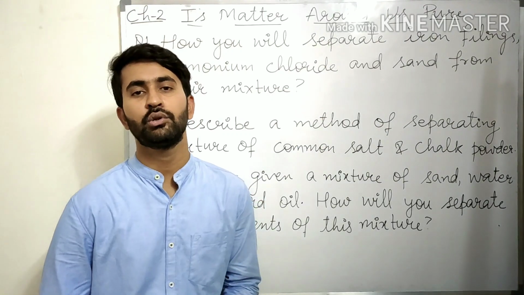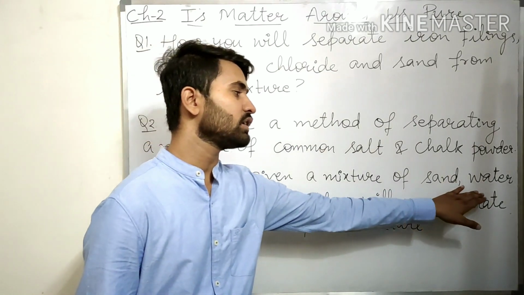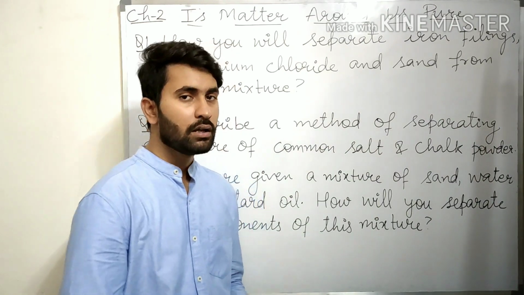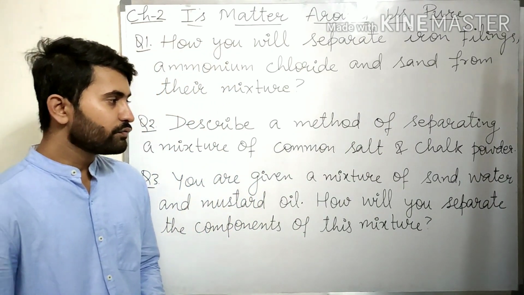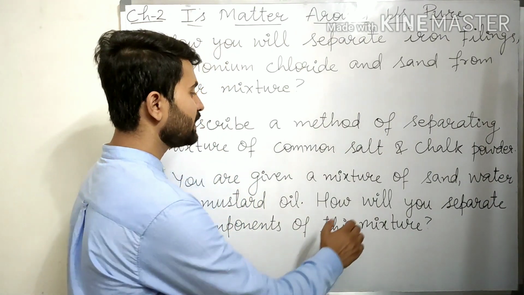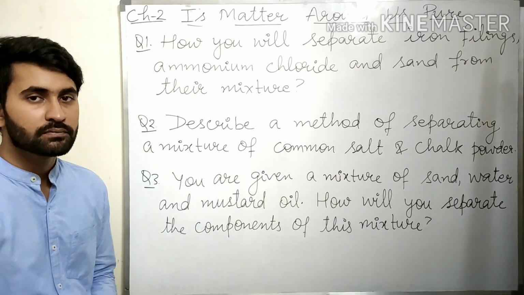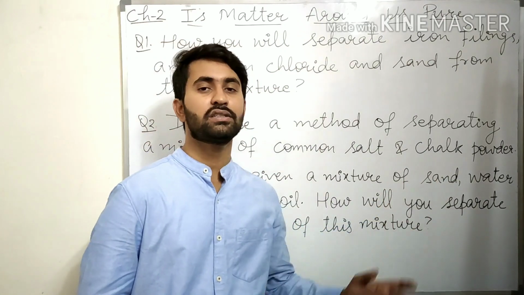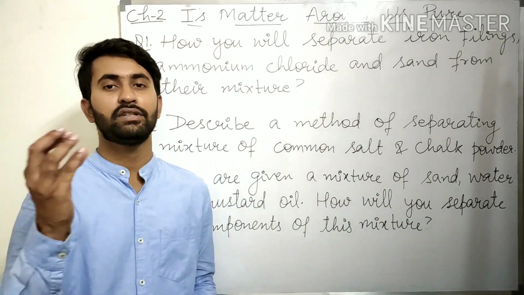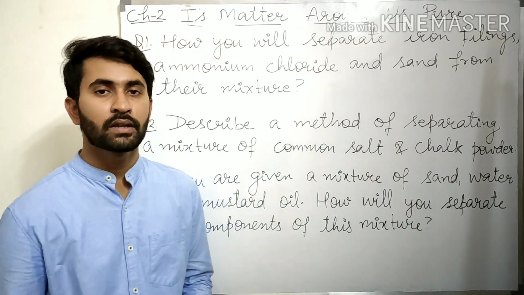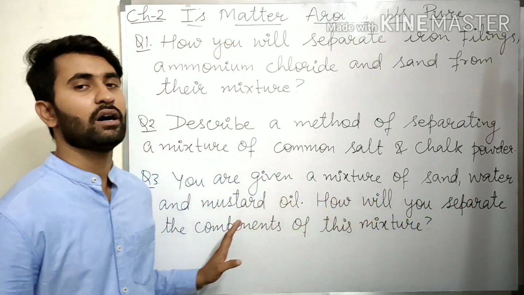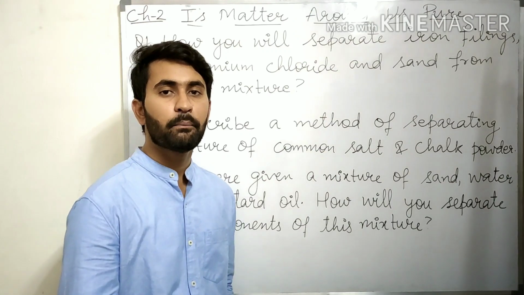We also know that water and mustard oil are immiscible liquids. First of all, we can filter this mixture. The sand, which is an insoluble solid, will remain on the filter paper, whereas the water and the oil will pass through it.